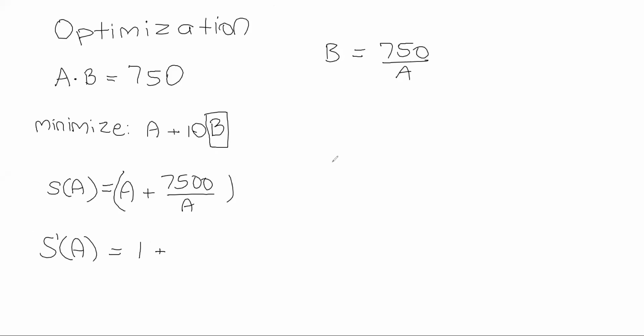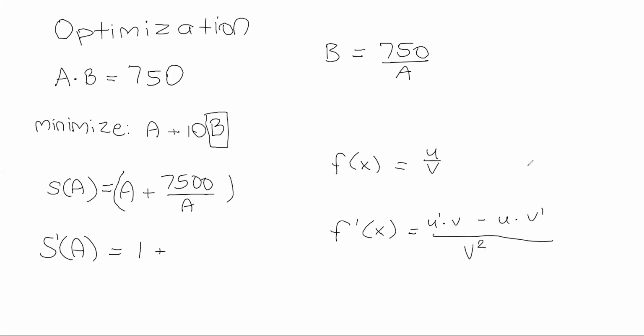And just as a quick refresher, if f of x is u over v, then the quotient rule for derivatives states that the derivative of this rational function would be the derivative of the top times the bottom minus the top times the derivative of the bottom. And then we're going to have that over the bottom squared.